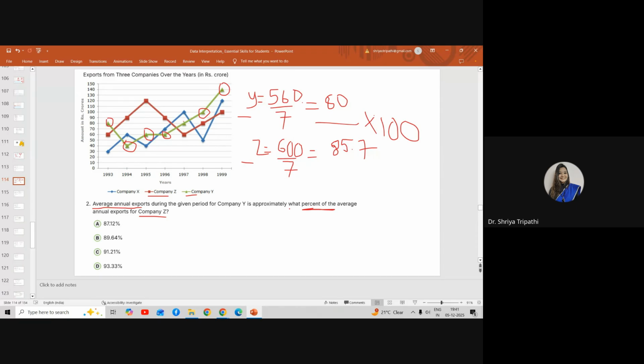So Y figure will be in your numerator, Z would be in your denominator into 100 because it's percentage. Quickly start writing, responding in chat box.